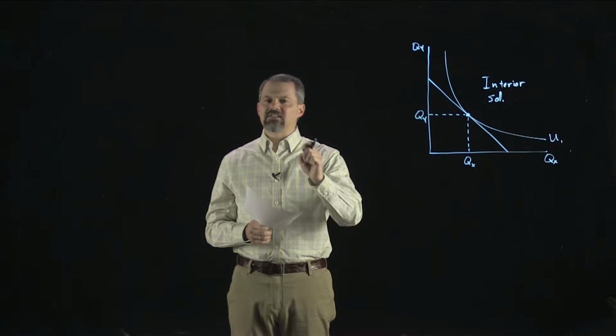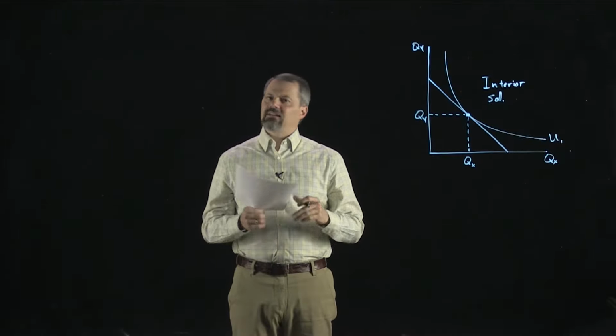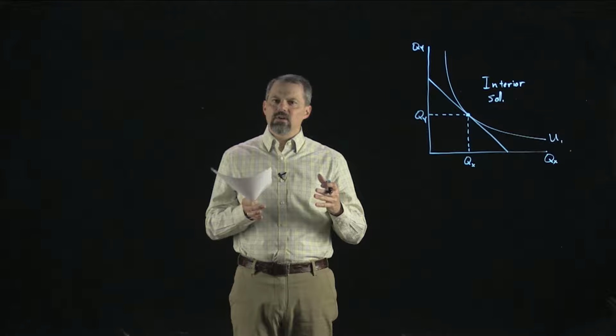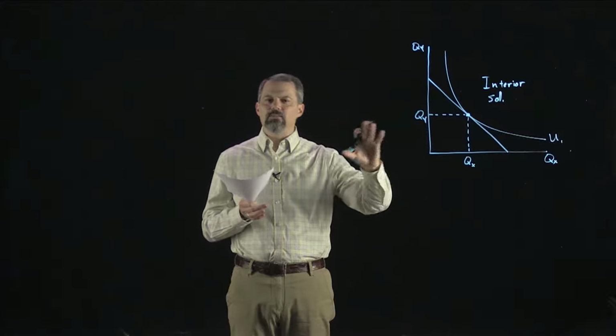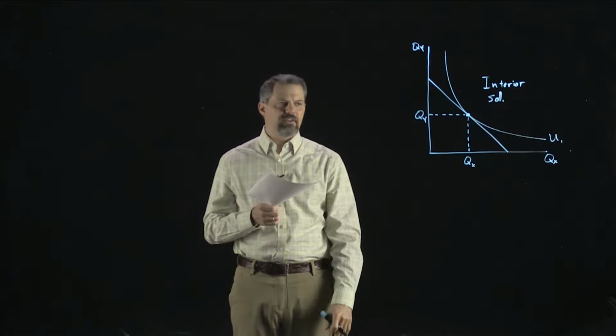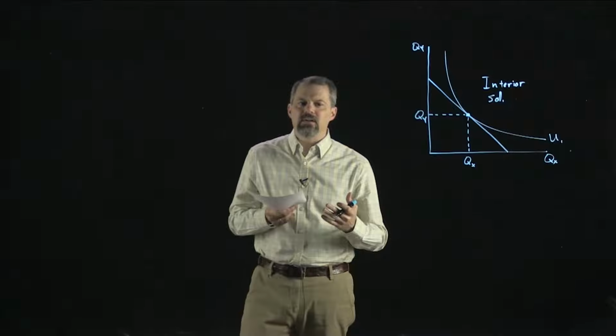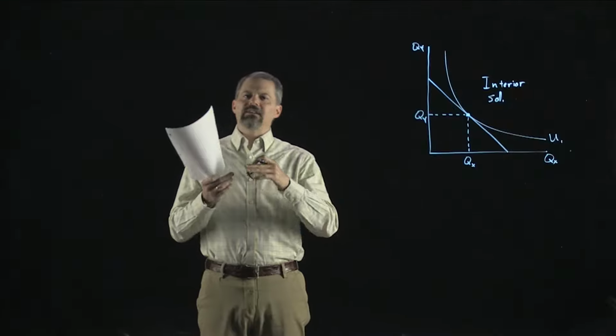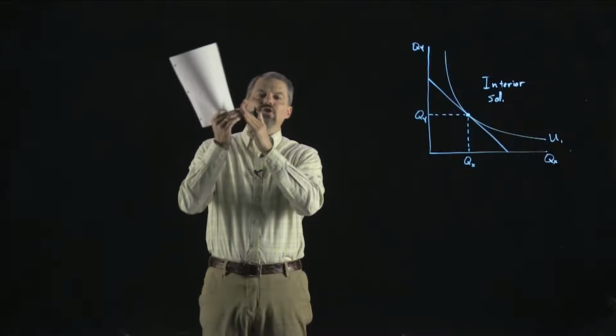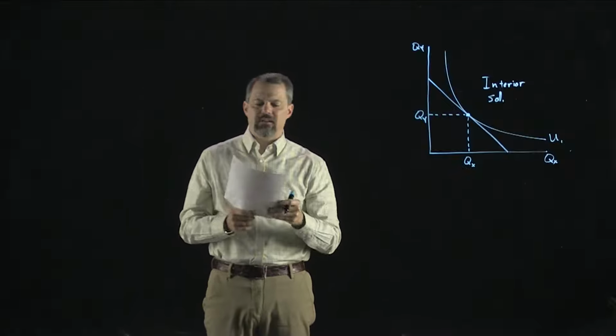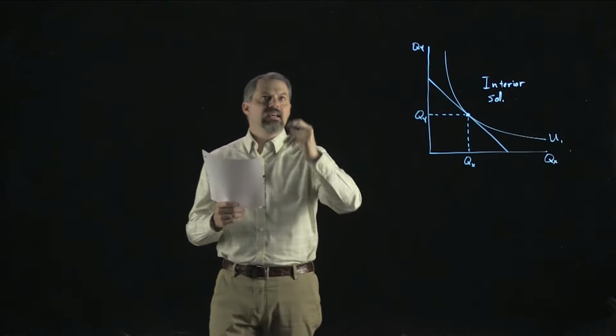They have to be perfect substitutes. And that's really pretty rare. Usually we're not going to be dealing with goods that are perfect substitutes for each other, or goods where the indifference curves are unusually steep or unusually flat. But let's think about what happens if we did.